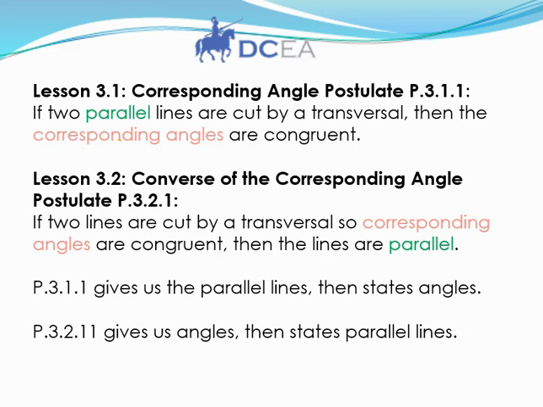In lesson 3.1 we had the corresponding angle postulate, and that one once again was stating that if two parallel lines are cut by a transversal, then we'll have corresponding angles. But in lesson 3.2, the converse of that postulate gives us the information that if we have corresponding angles congruent, consequently, the lines are parallel.